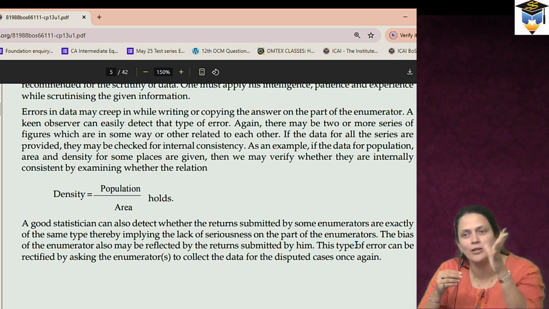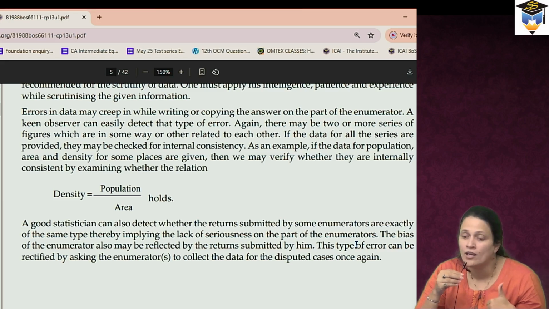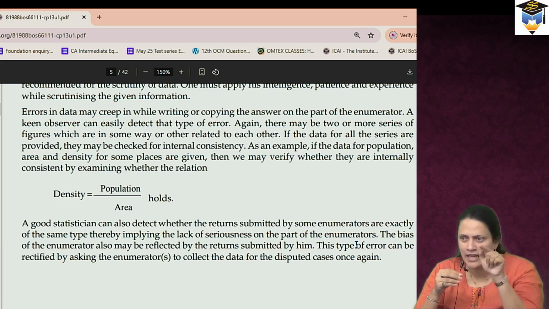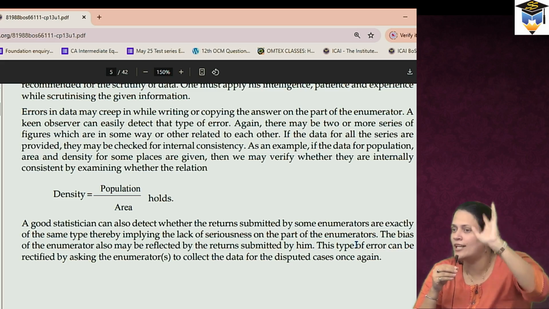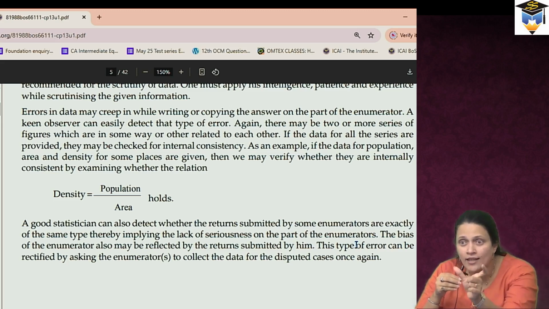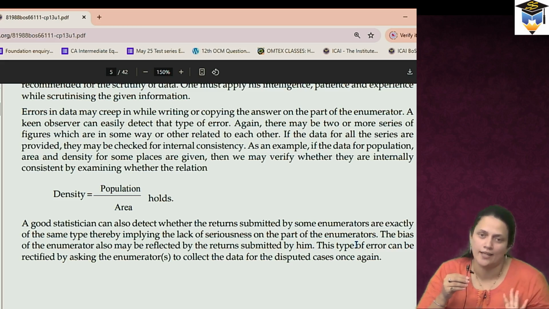Whatever information is coming to me, I will take that and just give it to the government. But now I have to determine whether this information is correct or not. There will be error. That's a major error, right? Because he is not collecting accurate data. So that is a major error on his part, and it gets reflected in the data that is collected.